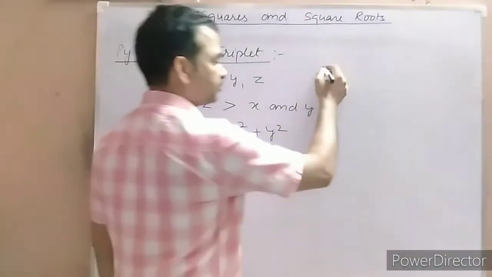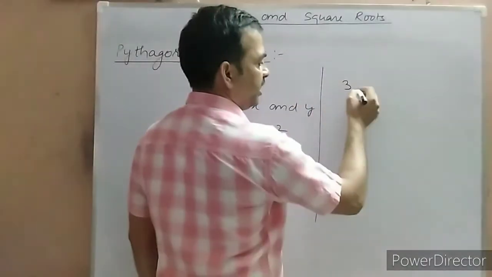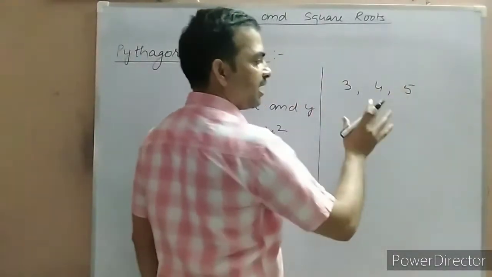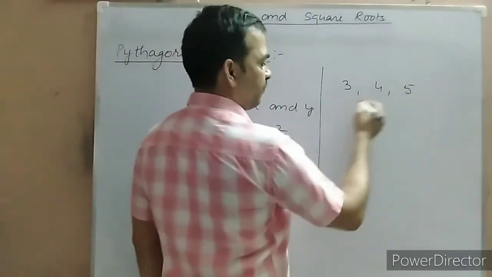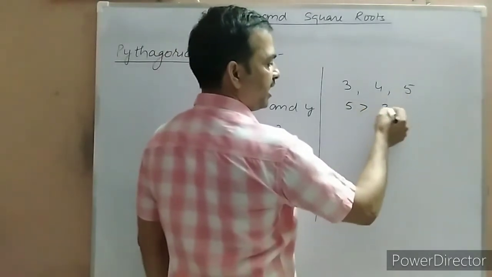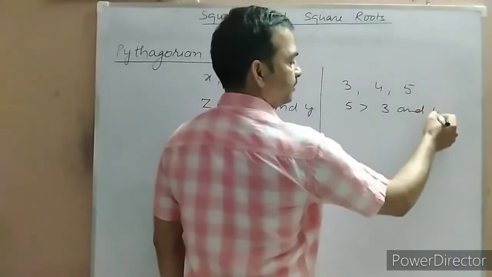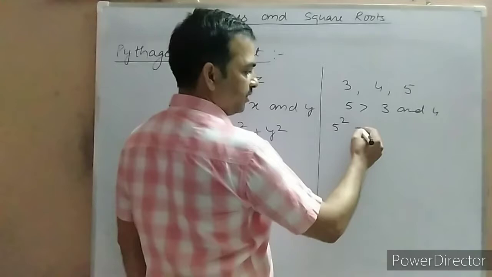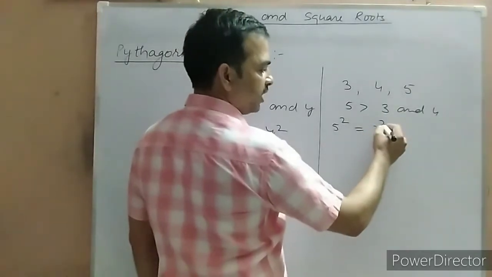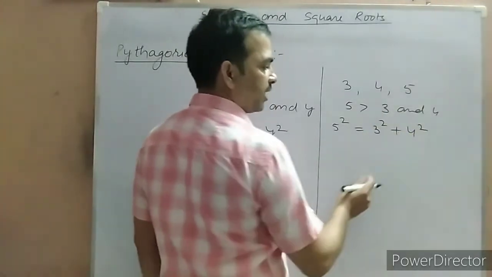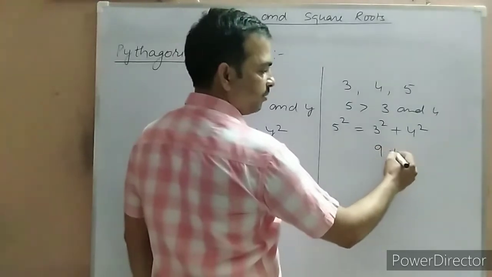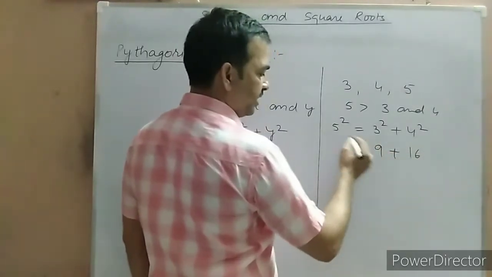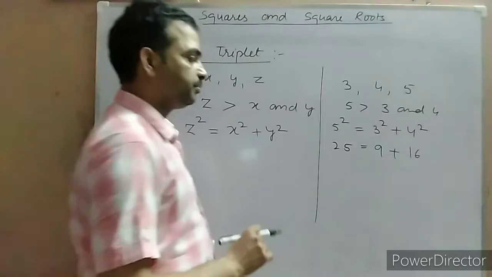For example, 3, 4 and 5, there are three numbers. 5 is greater than 3 and 4, we can see that. So what is 5 squared? 5 squared is 25. It is equal to 3 squared plus 4 squared. 3 squared is 9, plus 4 squared is 16, and it is equal to 25.